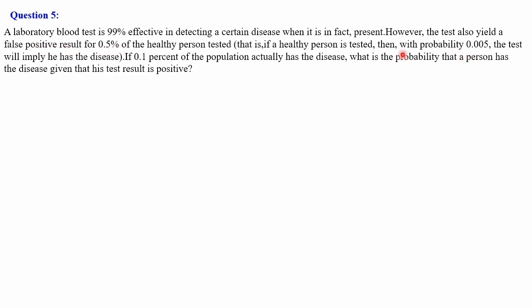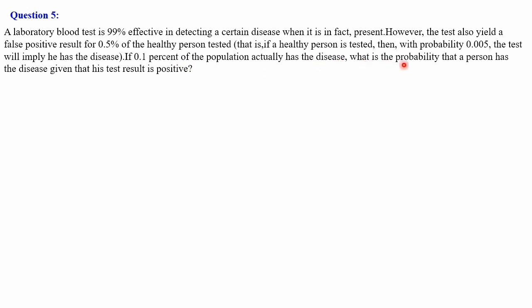Here it is mentioned those things. That is, if a healthy person is tested, then with the probability 0.005, that is this one, 0.5%, the test will imply he has the disease. If 0.1% of the population actually has the disease, so in a particular number of people, that is called the population, but in a particular number of people, actually 0.1% will have the disease.